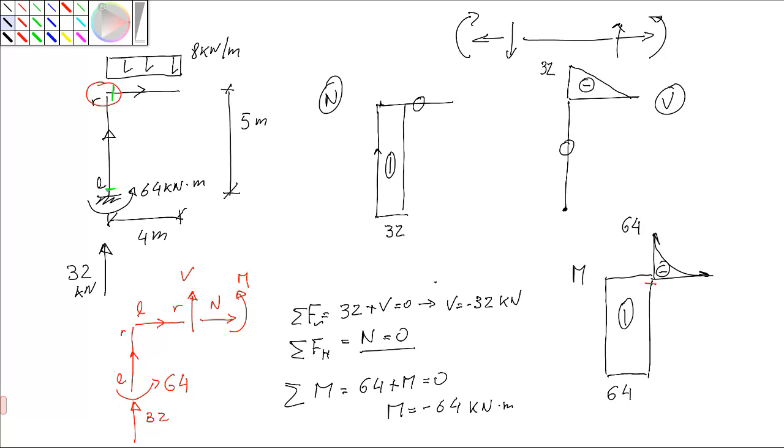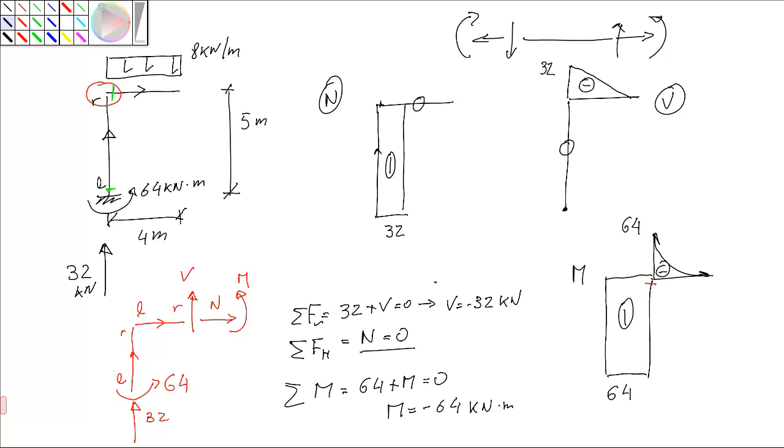On the column I already calculated the internal forces. I have a force of 32 of compression, and I have a bending moment like this, which is worth 64. When it comes to the beam, I don't really know, so I'm going to assume everything is positive.